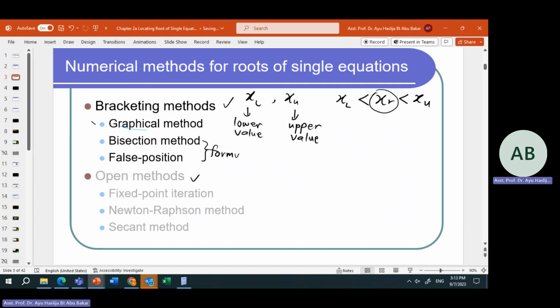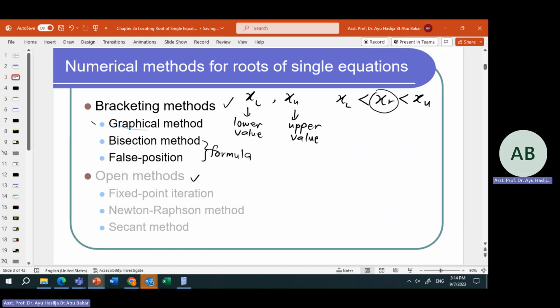These two use formulas: bisection and false position method. All these three methods aim only to get the root value. Whichever method you use, you will get the same answer of XR, the root value.